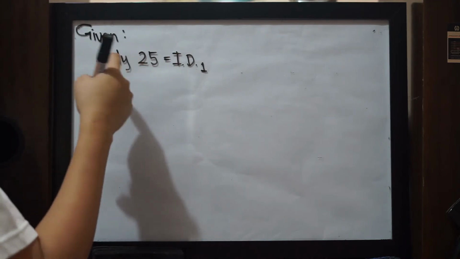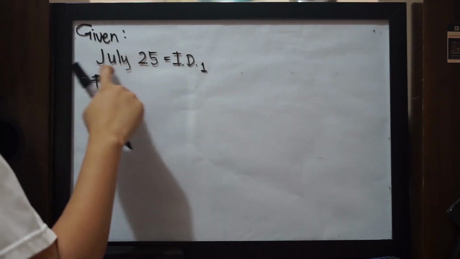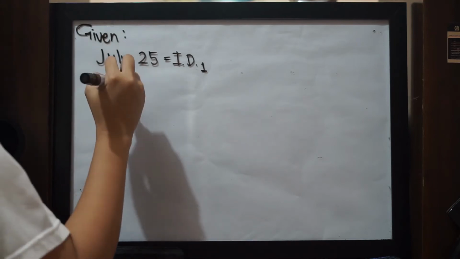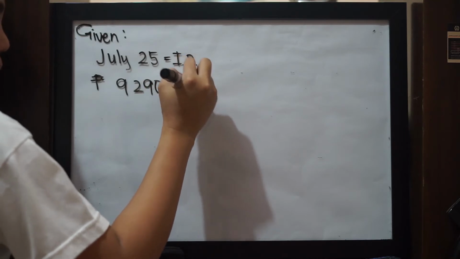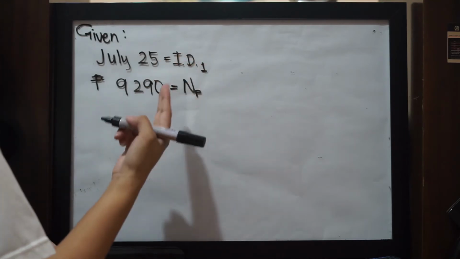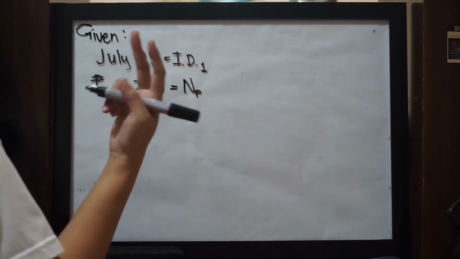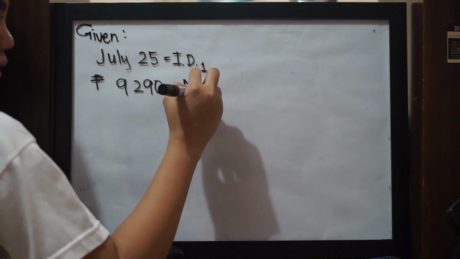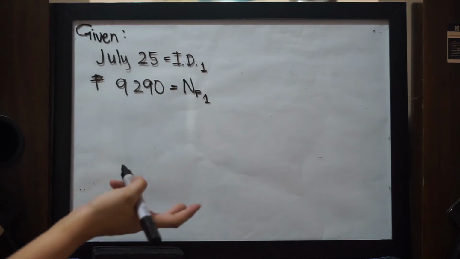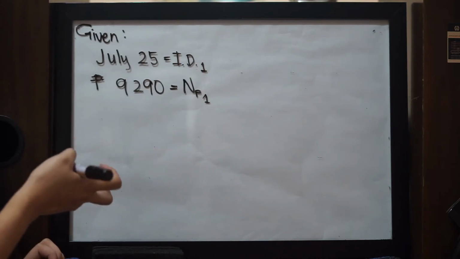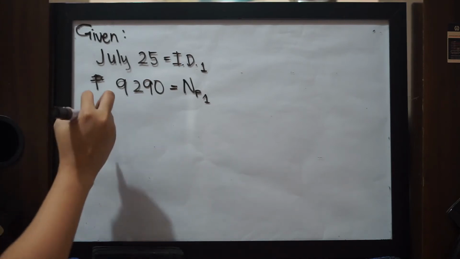Tapos, ang amount sa invoice na dated July 25 is 9,290. Kanina, in-explain ko na paano siya naging net price kasi ito yung amount na nakasulat sa invoice. So, net price sub 1. Lagyan lang natin ng sub 1 so that you will know ano yung magkakapartner na values.